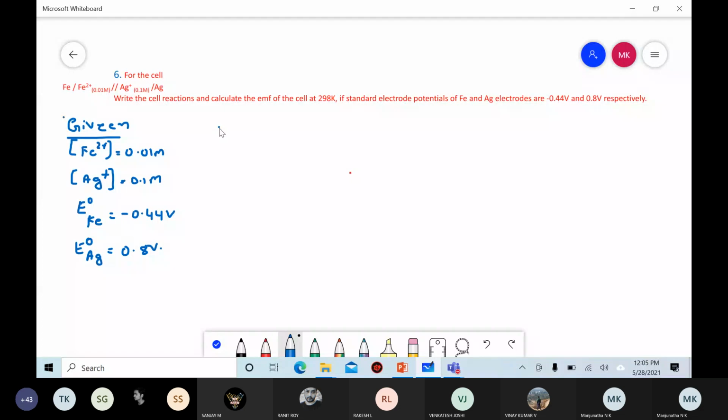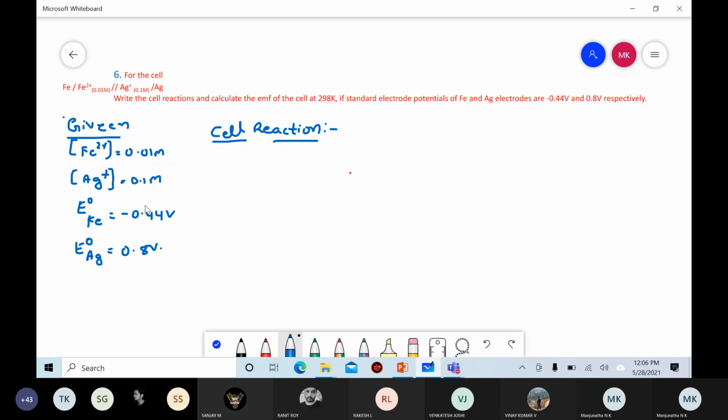To write down the cell reaction, first you need to identify which is the anode and which is the cathode. Same as the previous numerical, here also on the basis of the standard E0 values, we identify anode and cathode. Whatever electrode has high electrode potential acts as cathode, and whatever electrode has low electrode potential acts as anode.